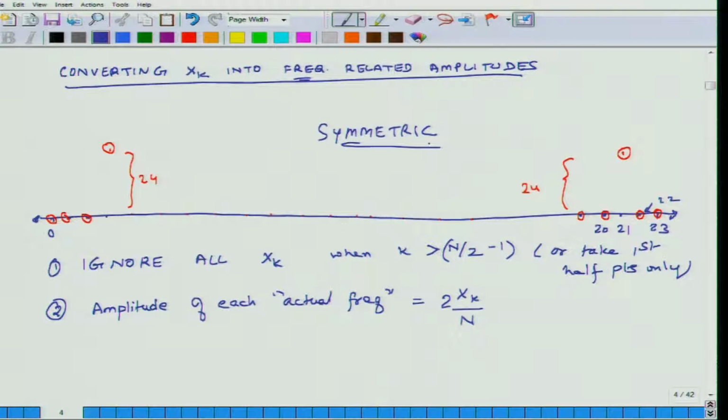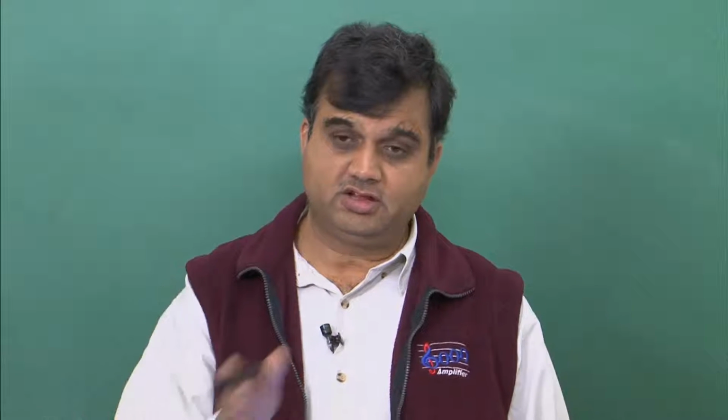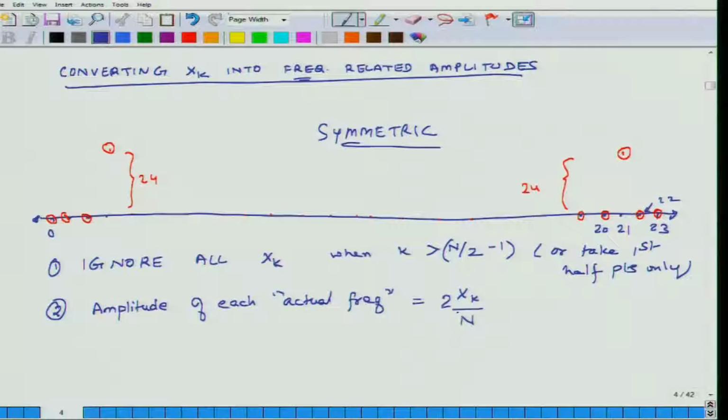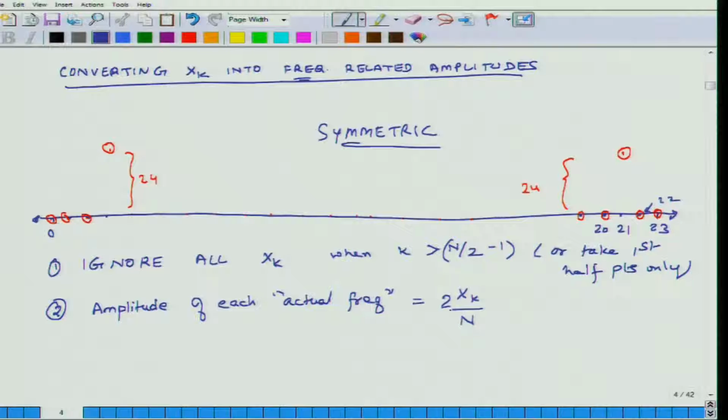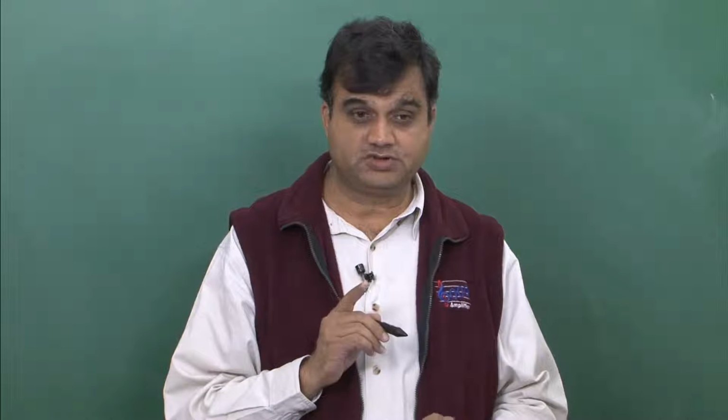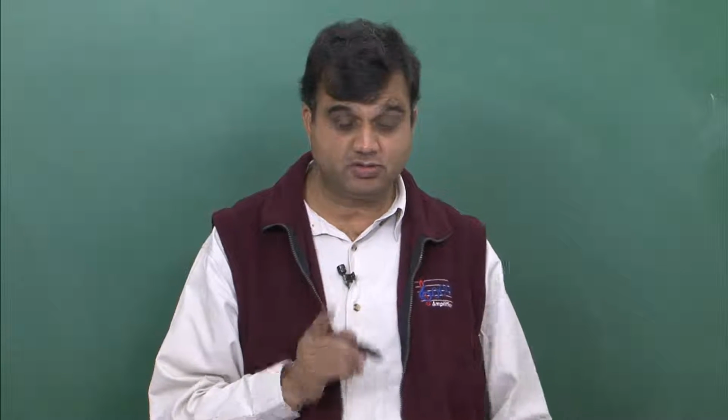You ignore the second half, you take only the first half. To account for the other half, you multiply it by 2. Why is all this happening? We will not discuss in this particular lecture, but you multiply it by 2 and you divide it by the total number of points, which was in this case 24.